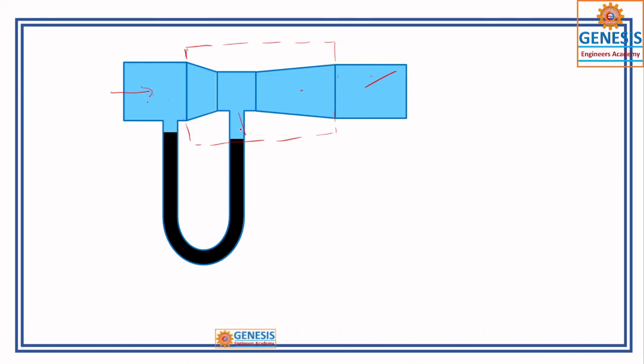This has come down. Why? Because there is a change in geometry, the pressure is less here. Why? Because the velocity is more as per Bernoulli's principle. Now we will calculate.